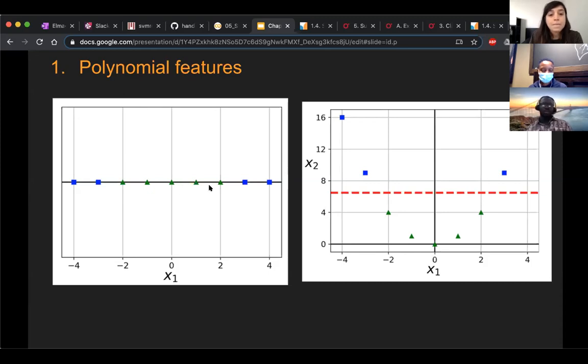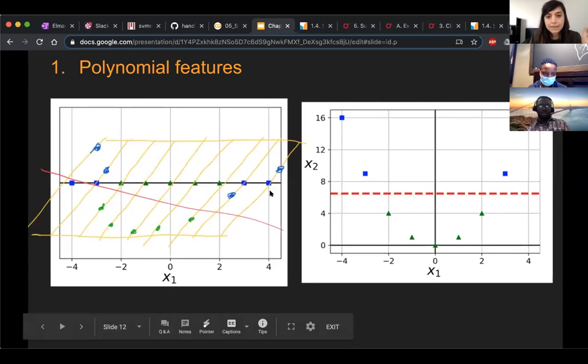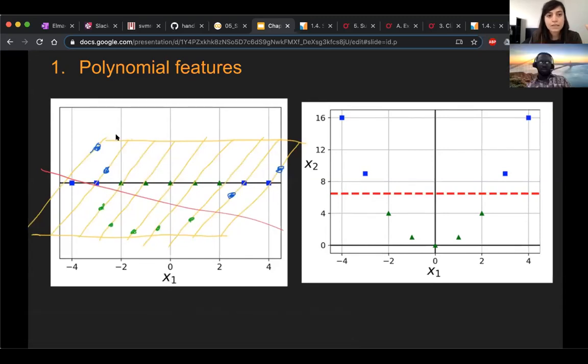These are not separable in this one dimension. But what if we introduce a second dimension like this one, and that dimension we define as having some kind of relationship with the initial dimension.